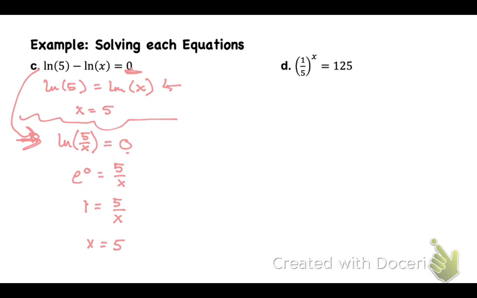Probably log base 1/5 of 125 equals x. Okay, we can. That's the only way I think of. Is 125 a power of 5? So couldn't I get same bases? How do you want to do it?